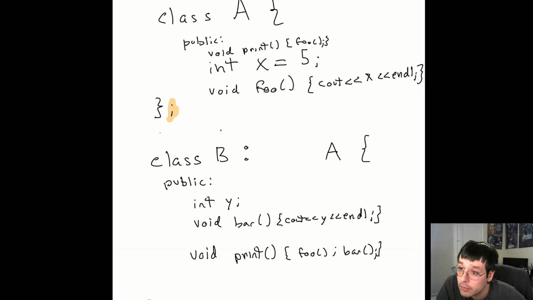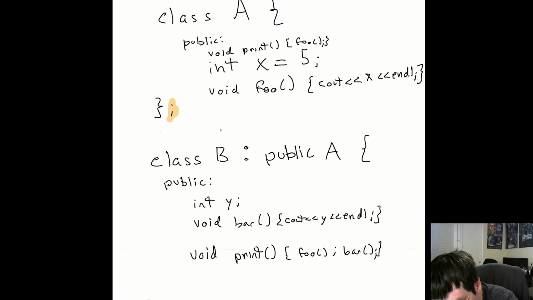And so by default, if you write it like this, just like by default classes are private, by default inheritance is private. And most of the time, you actually want to do a public inheritance. So you want to write the word public there.